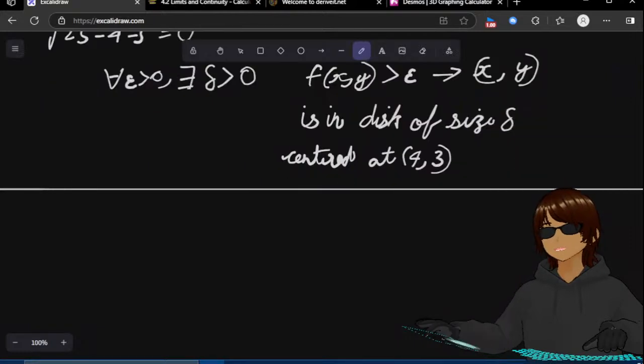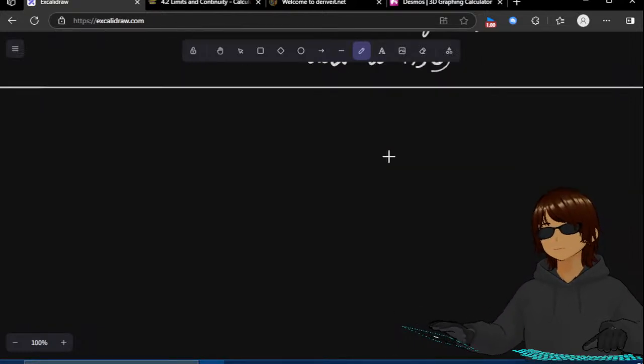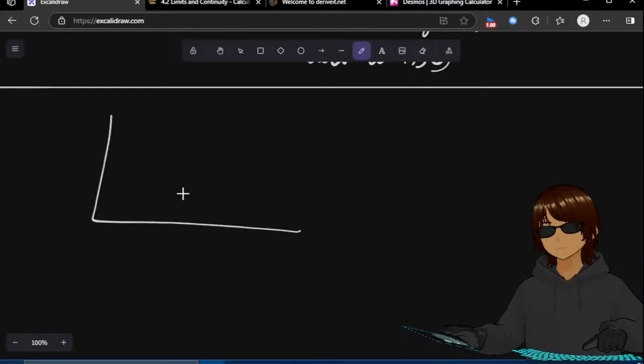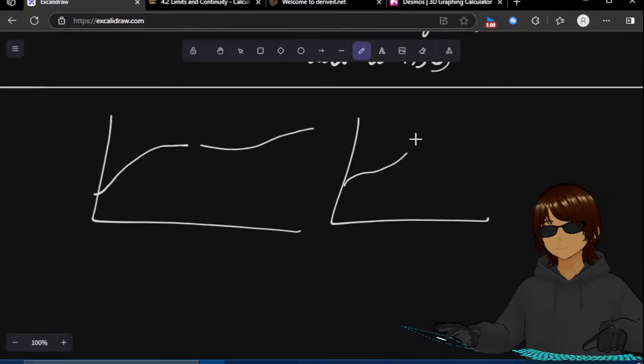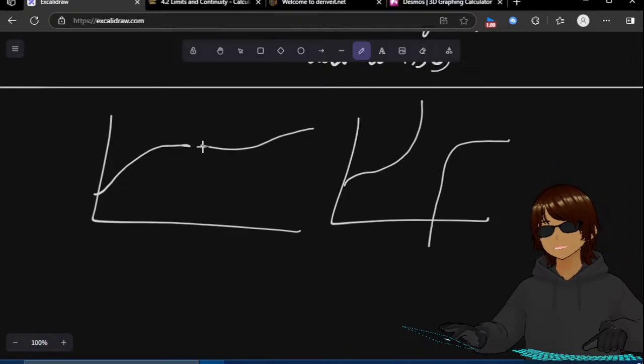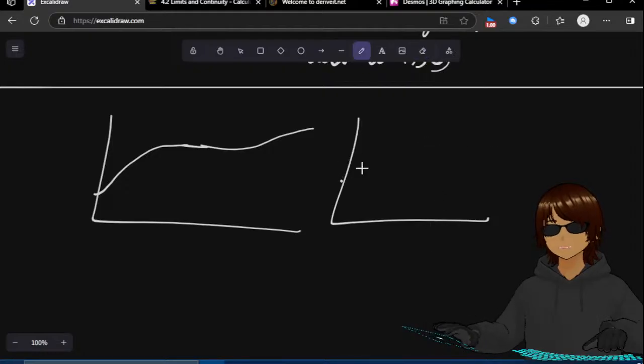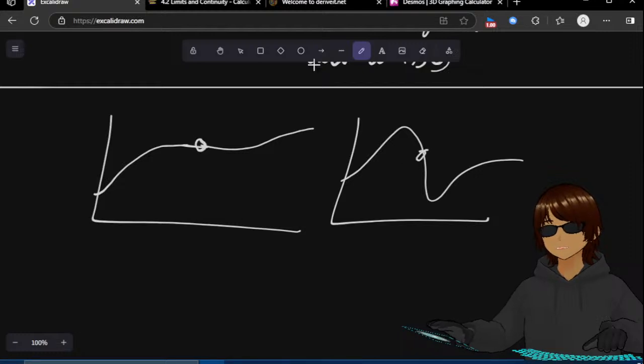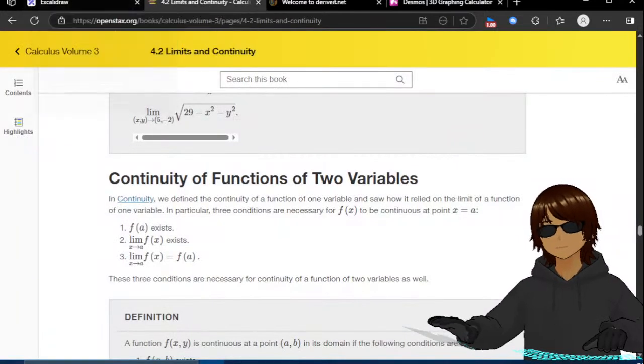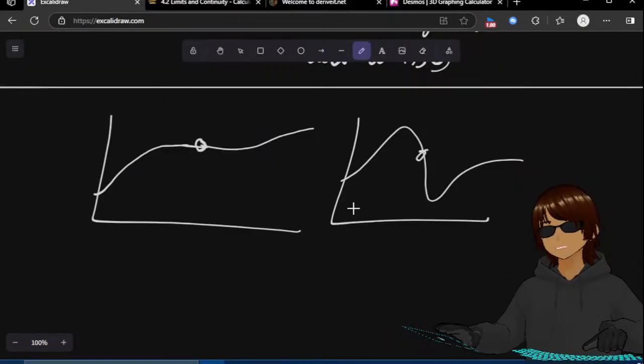Okay, so continuity is like, you cannot have a function that's like this. You cannot have any jumps or like this. The function has to be defined at this point, and the limit should exist.